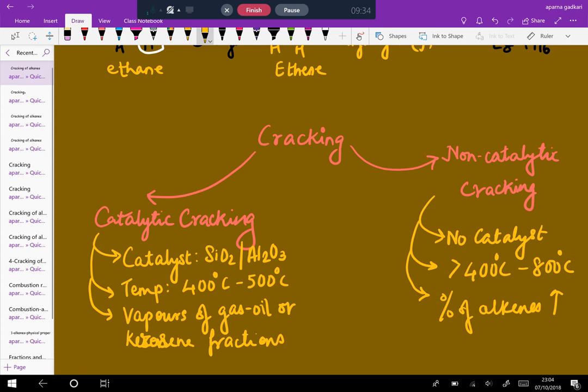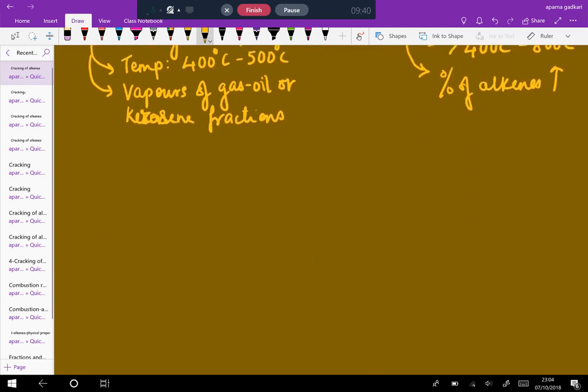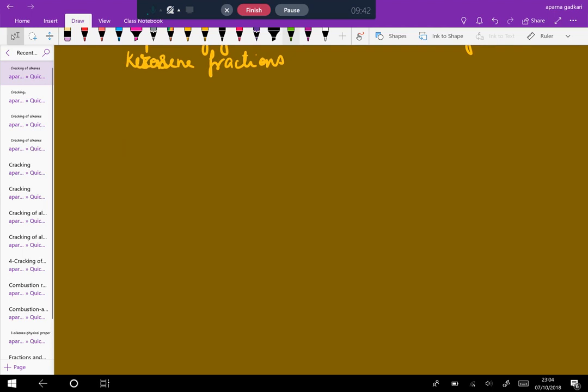Now moving ahead to the actual process of catalytic cracking. It's important to remember that there is a tank over here, which is said to be the catalyst regenerator tank.